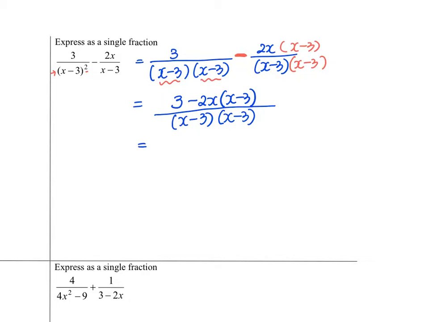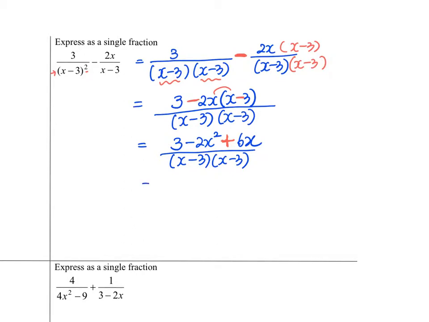Where is the trap? The trap is in the negative sign, so we must be very careful. I will have 3 in my numerator, minus 2x times x, negative 2x squared, minus 2x times negative 3 becomes positive 2 times 3, 6x.